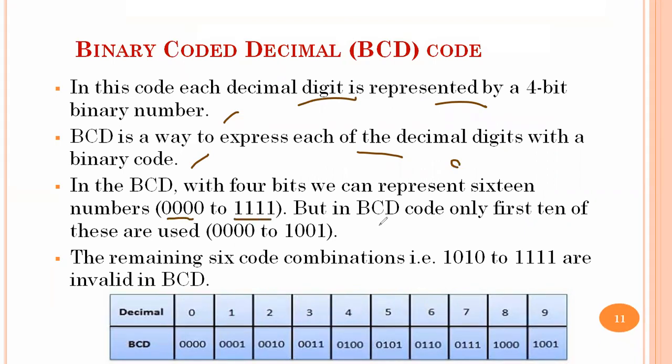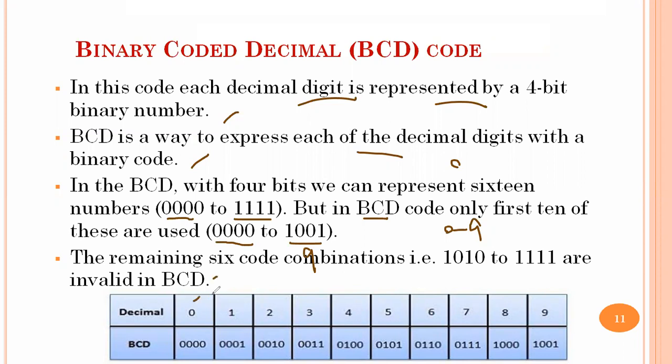But in BCD, that is the main difference, we will use only 0 to 9. The first 10 numbers will be used, so we will move from 0000 to 1001, which is the value of 9. The remaining 6 code combinations, 1010 to 1111, are invalid in BCD.